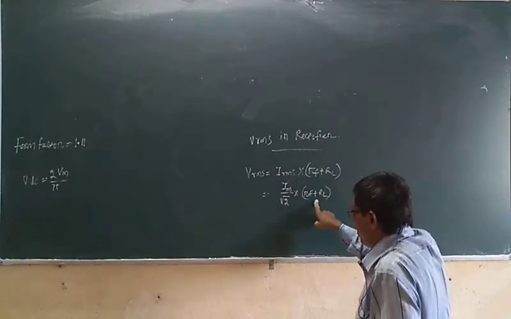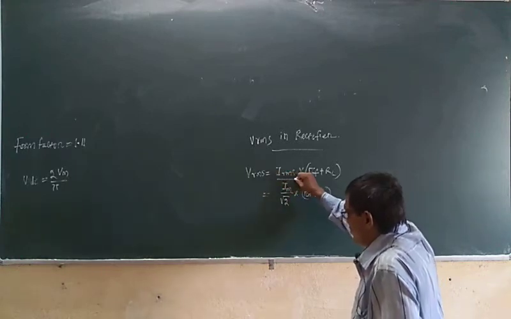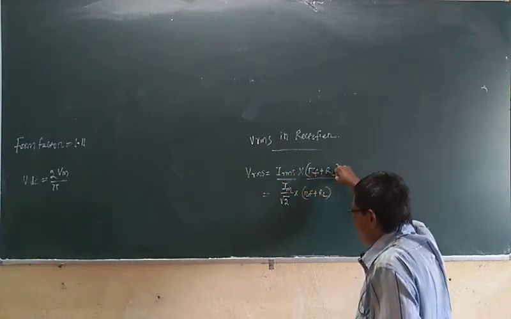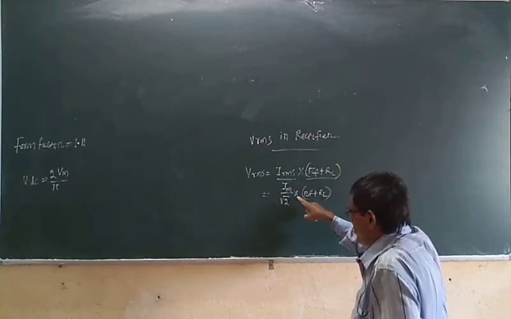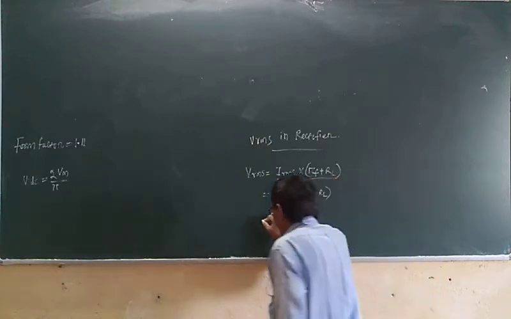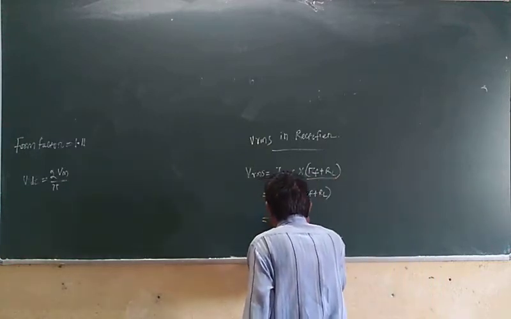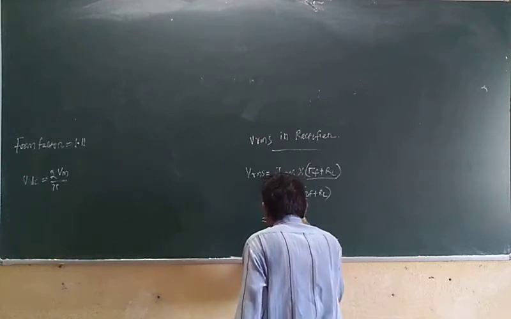Again, this is the Vrms, Irms into RF plus RL. Now Im means Vm by RF plus RL.